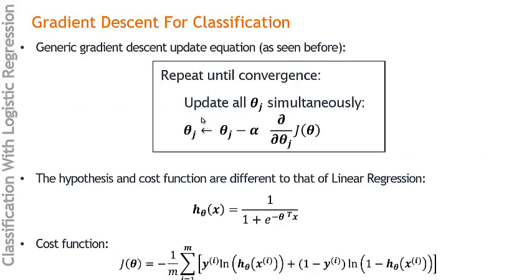Now, the gradient descent equations don't change at all, because the only thing that's different now is a different value of J. So the different value of J is going to have a different derivative. So the actual equations are going to depend on the value of this derivative.